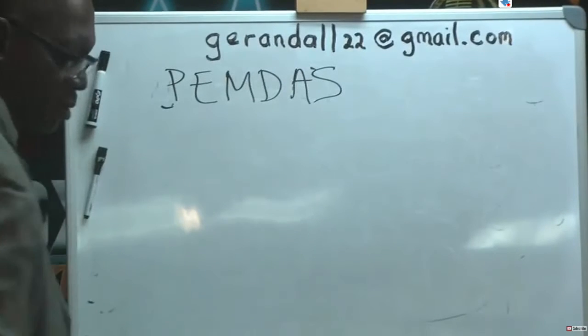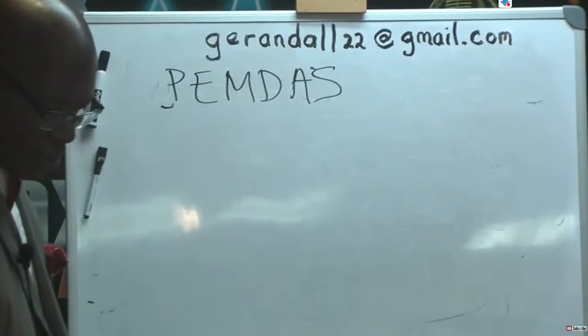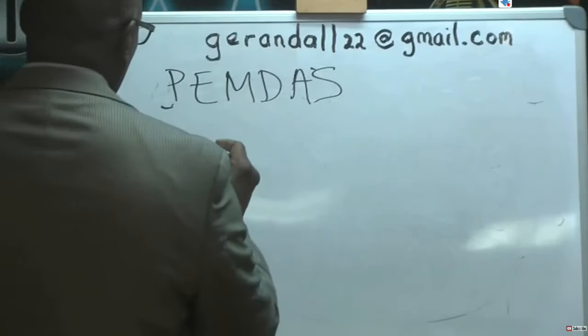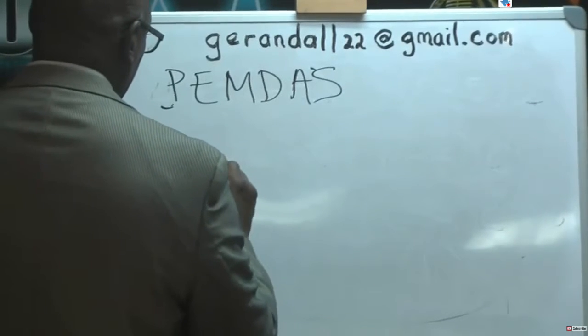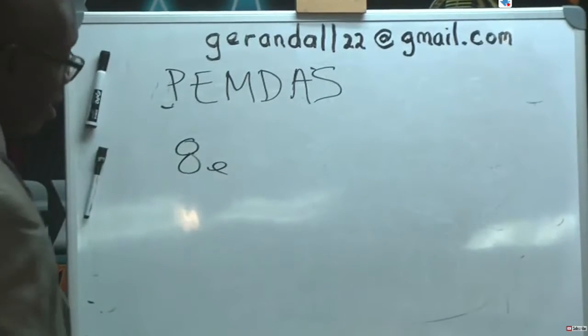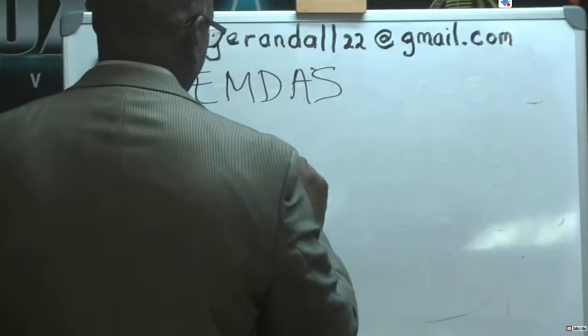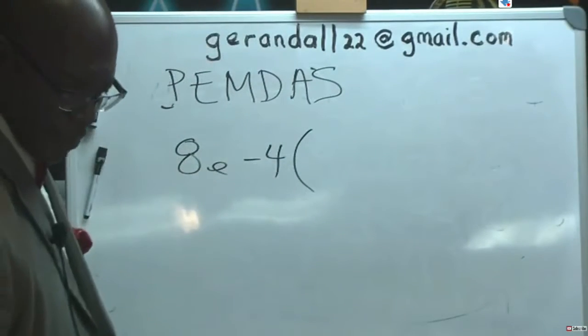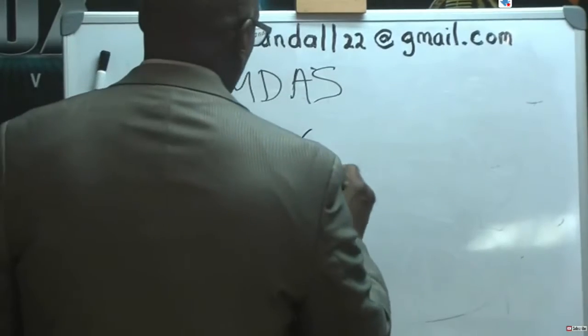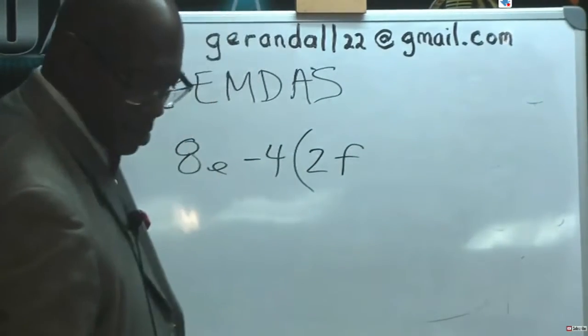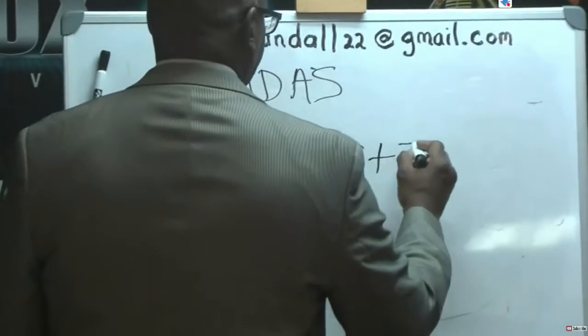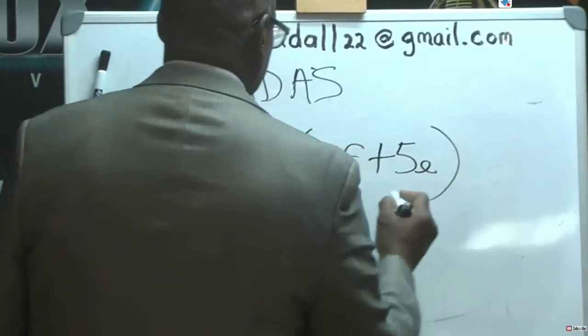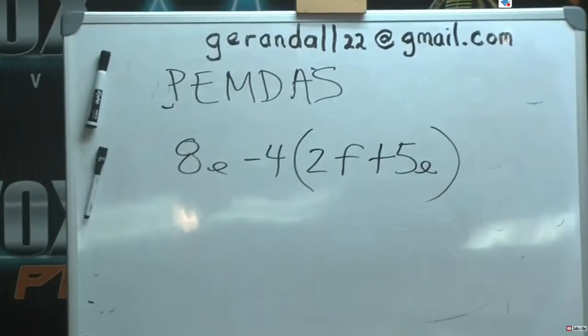Oftentimes, you will be given another type where there are more than one variable. 2f and 5e. Process is the same.